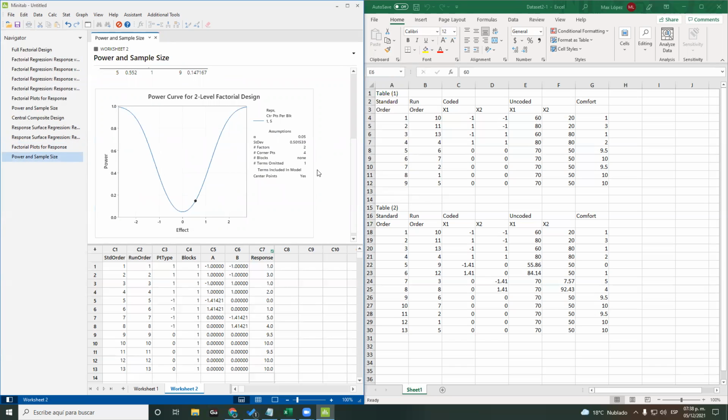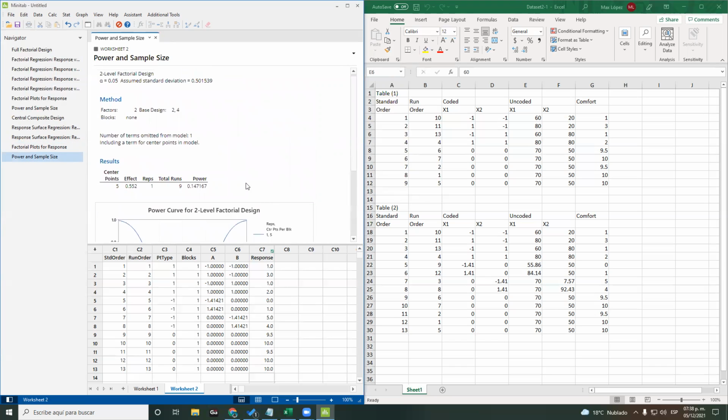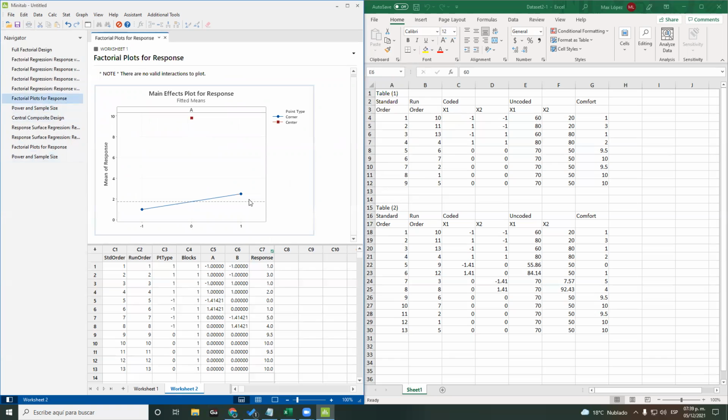So I think that will conclude the analysis of the data. In the previous table, we saw that after the plot, the interaction between A and B and the factor B were not significant.